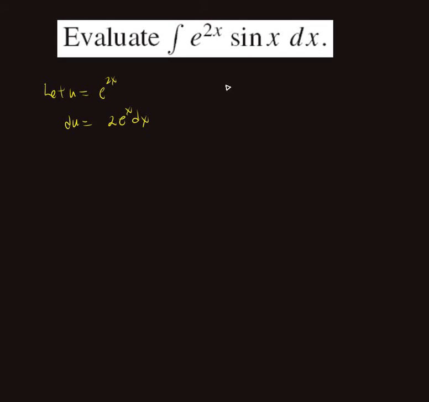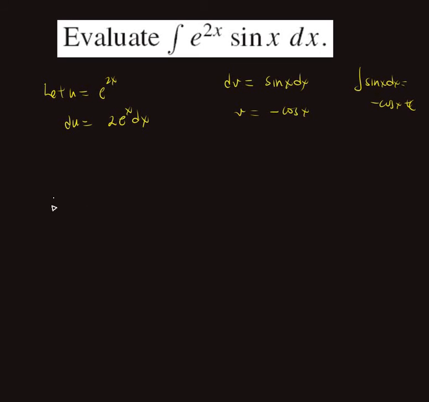Then we say let dv be equal to sine of x dx. So then v is equal to what? Minus cosine of x, since the integral of sine of x dx is equal to minus cosine of x plus c.